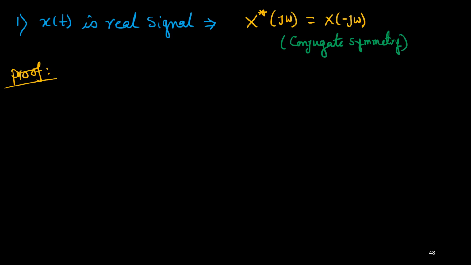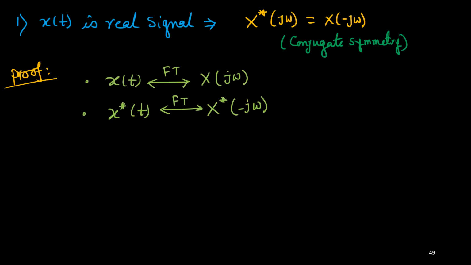So now how to prove these things? Very simple one. X of t, its Fourier transform is capital X of j omega. And if you take the conjugate on both sides, we can easily show that x star t, using the conjugate property, will be capital X star of minus j omega.